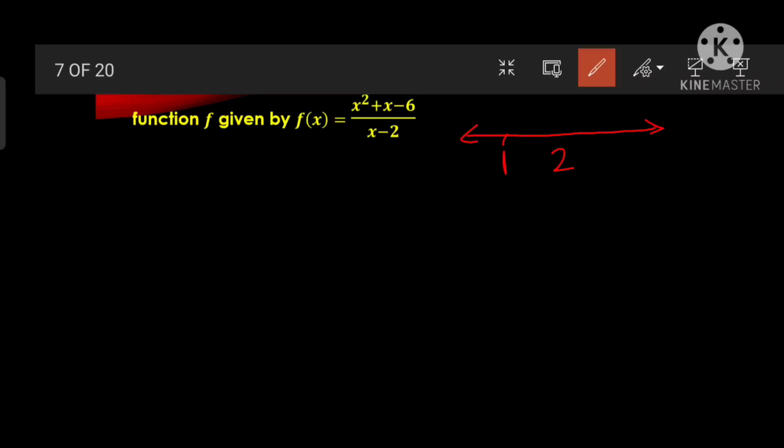And the closest number to 2 from the right is 3. Since we will begin with values from the left of 2, we will assign values greater than or equal to 1 but less than 2. It should not be equal to 2, since if we substitute 2, it will make the function undefined or meaningless.